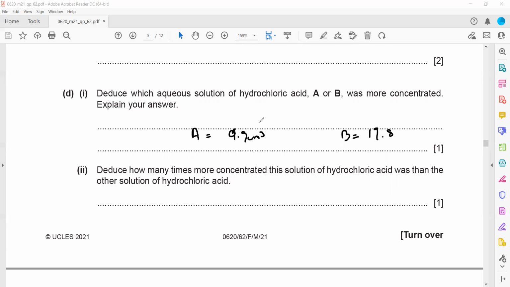So when we compare, what is the ratio of the volume? The ratio of the volume is 1:2. So the concentration of A is twice compared to B. Because A is more concentrated, that's why half volume is needed. B is less concentrated, that's why double volume is needed.